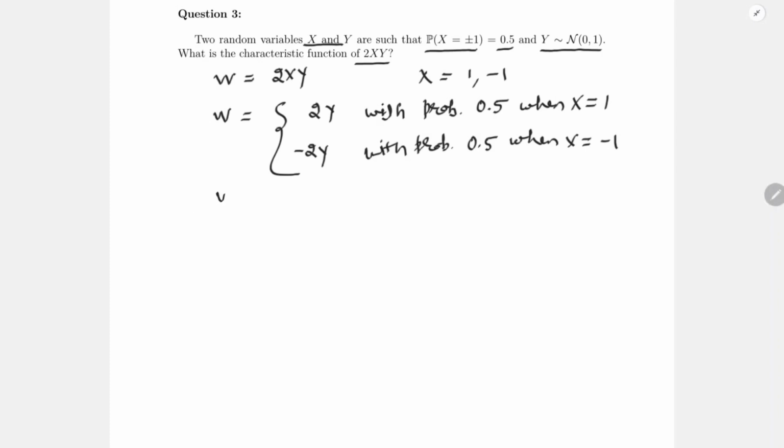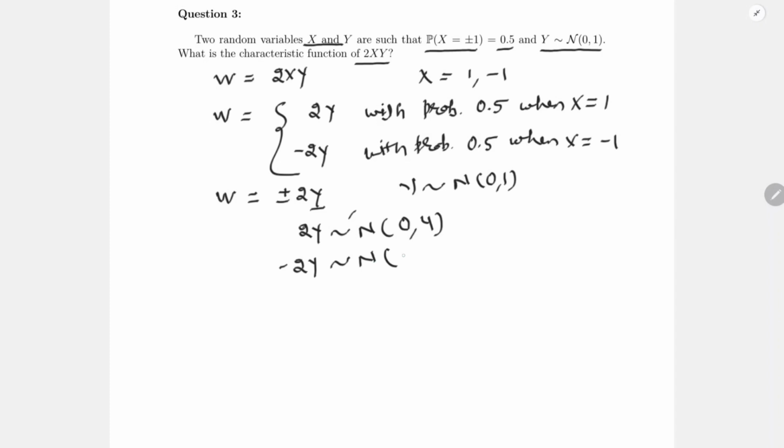Now we can write combinedly W equals plus or minus 2Y. Here Y follows a normal distribution with mean 0 and variance 1. So if Y is normal, then 2Y will follow a normal distribution with mean 0 and variance 4, and minus 2Y will also follow a normal distribution with mean 0 and variance 4.